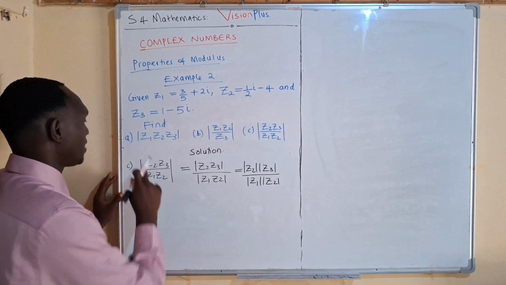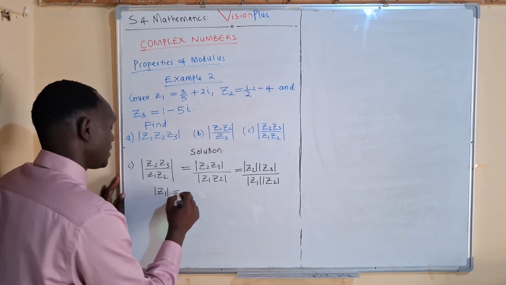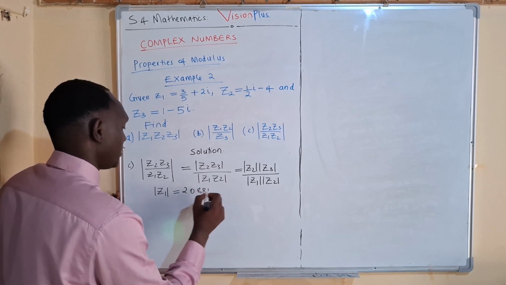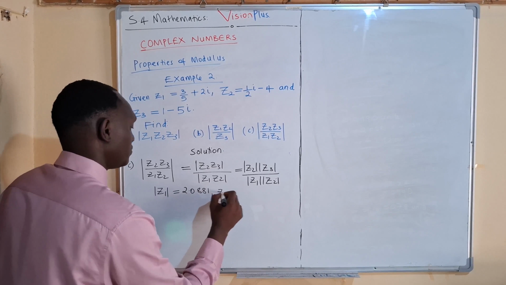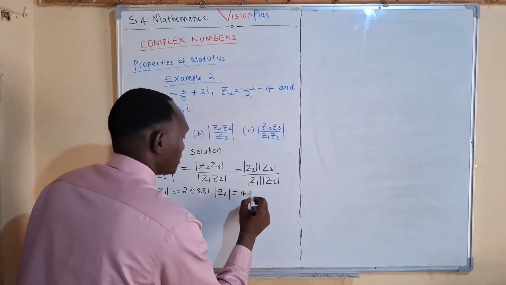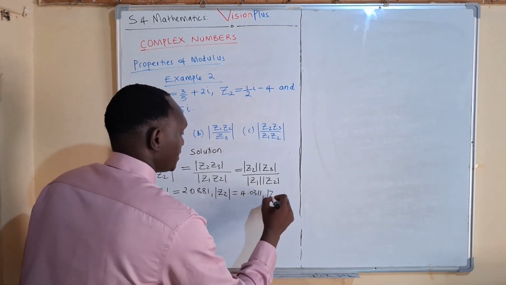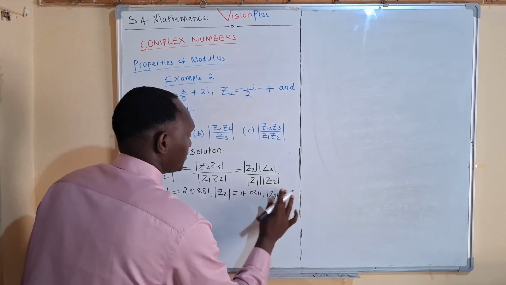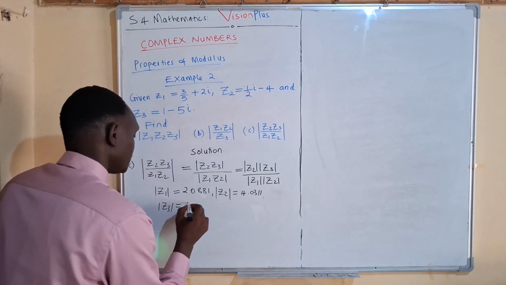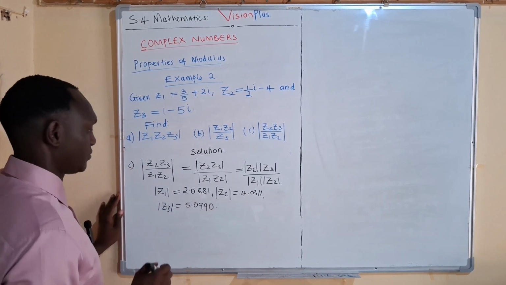Remember from our previous work in part A, we got that the magnitude of Z1 was 2.0881, the magnitude of Z2 was 4.0311, and the magnitude of Z3 was 5.0990, something of that sort.